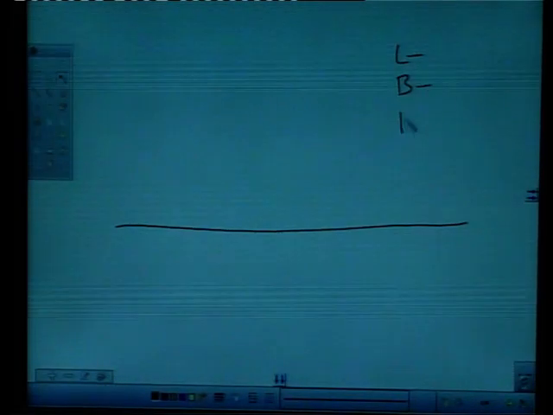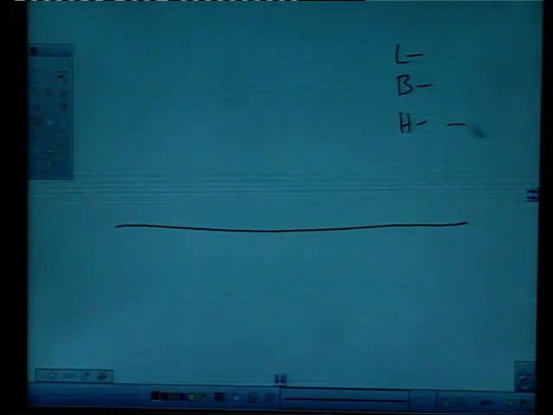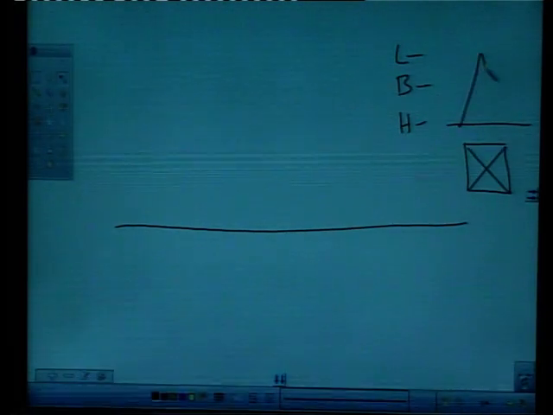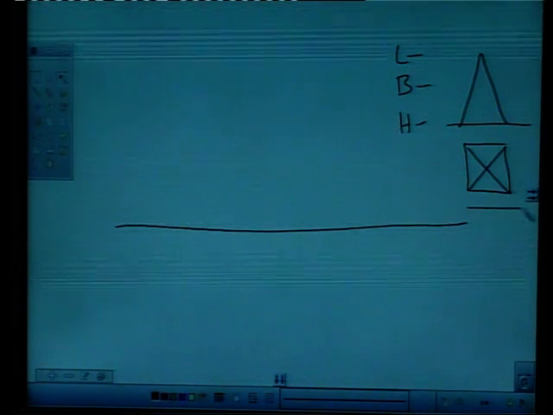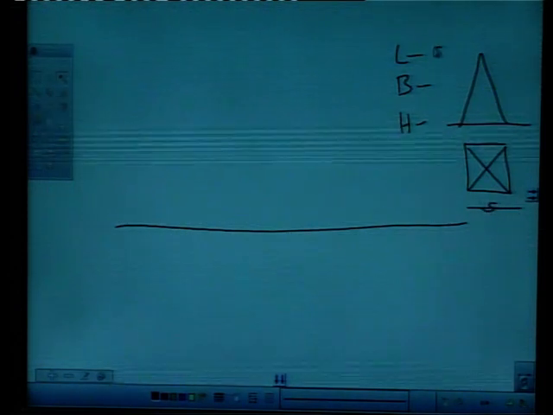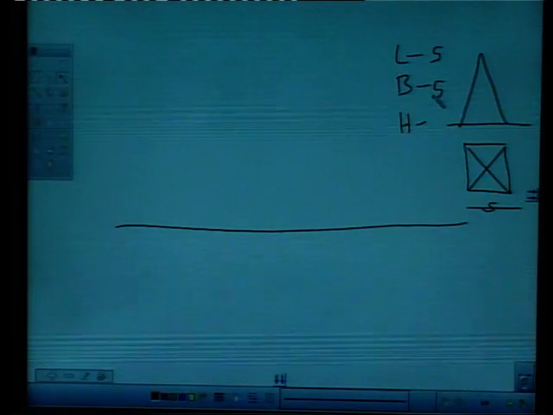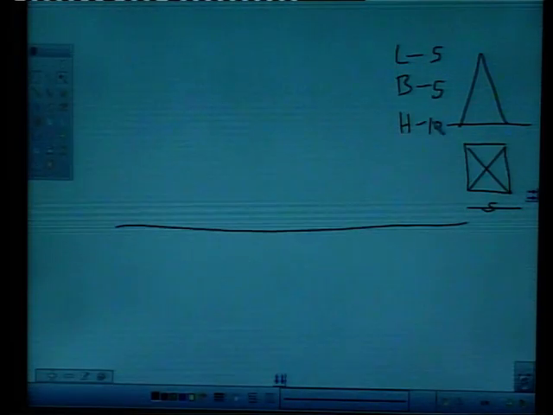Another way of doing this is like this. First of all, we will calculate maximum length, maximum breadth and maximum height. If it is a square pyramid like this, its maximum length is 5, maximum breadth is 5 and maximum height is 10, right.